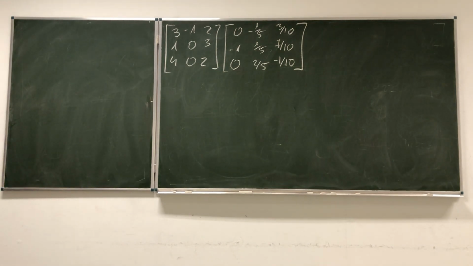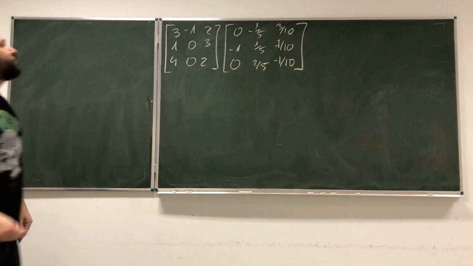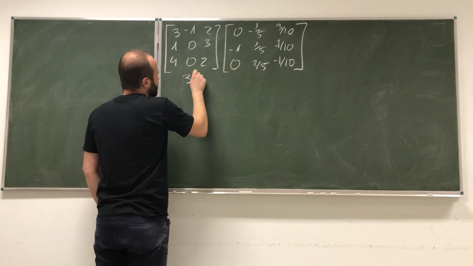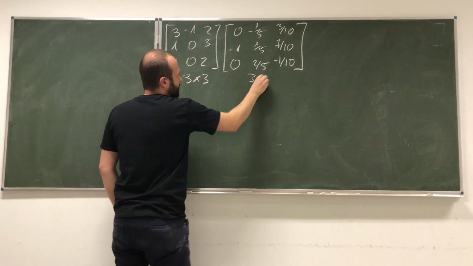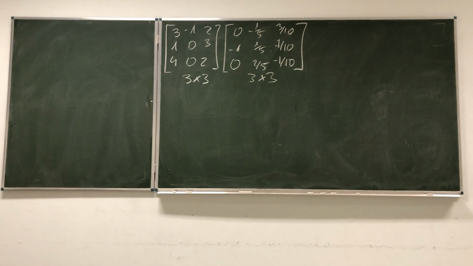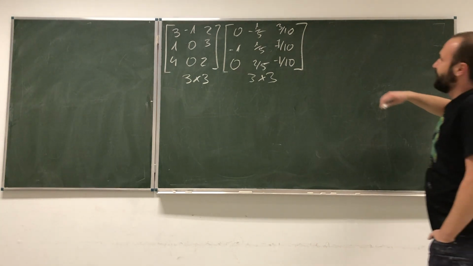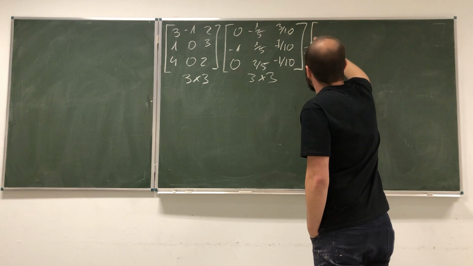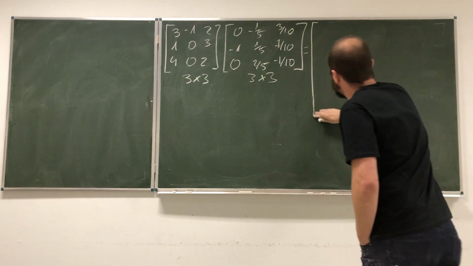Okay, so now can we multiply them? Well, of course, those are square matrices of the same dimensions. We definitely can multiply. Okay, so how do we proceed?